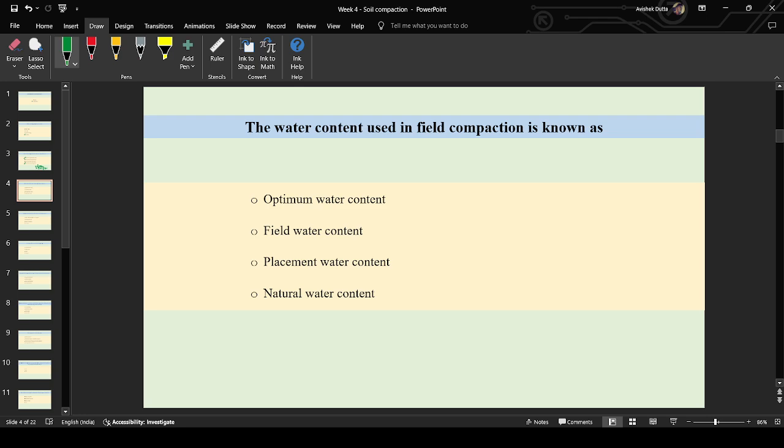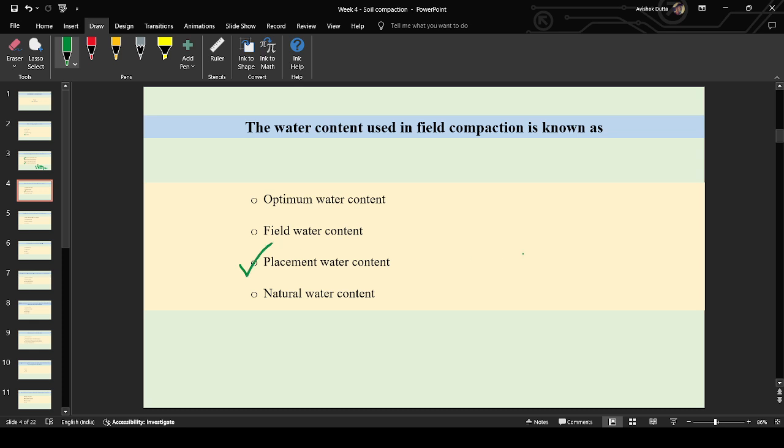So optimum water content is not used in the field, though corresponding to this value we obtain the maximum dry density in the laboratory. The moisture content which we use in the field, in practical applications for compaction, is called placement water content.